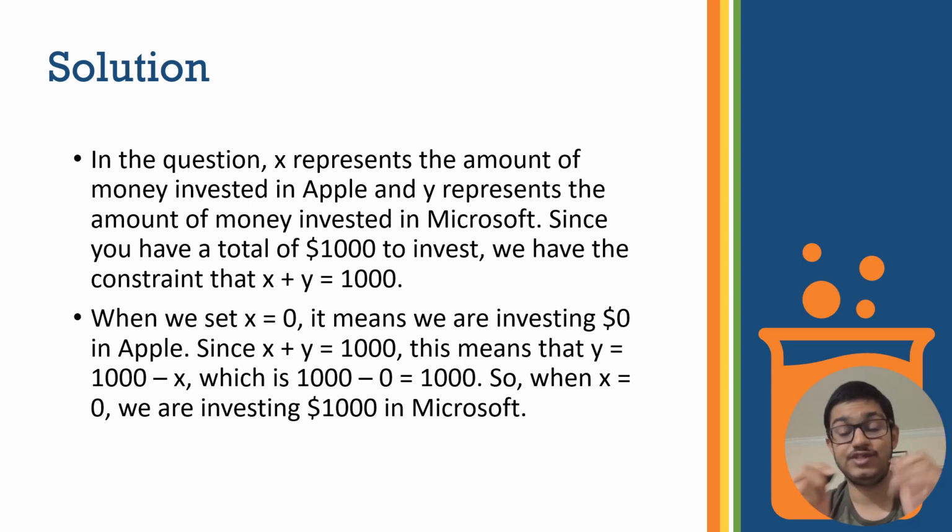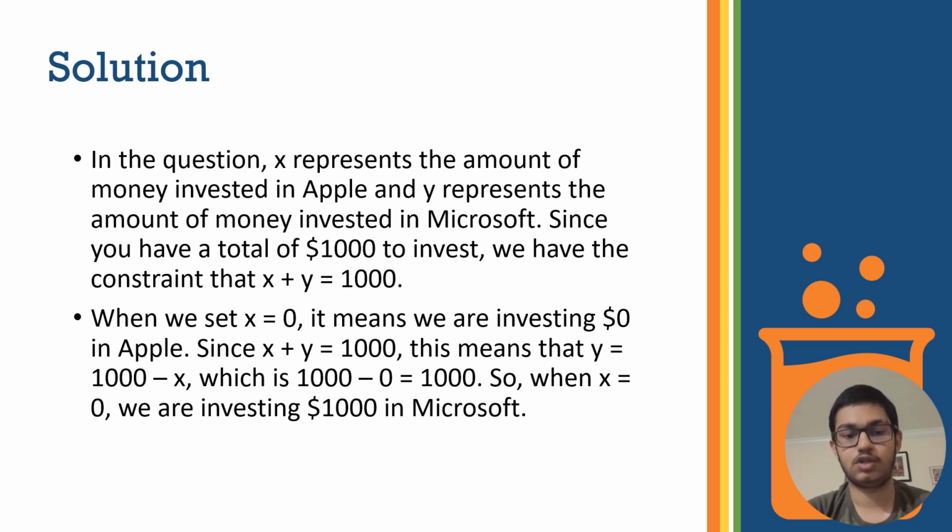Now, when we set x equal to 0, it means that we are investing $0 in Apple, right? And since we have the x plus y equals $1000 function, that is the constraint function of the limited spending, this means that y equals 1000 minus x.